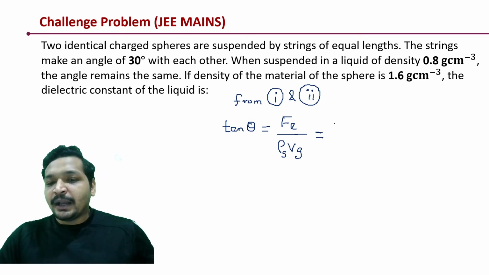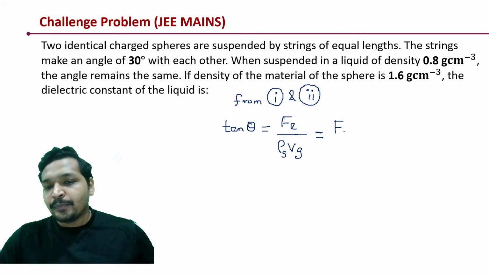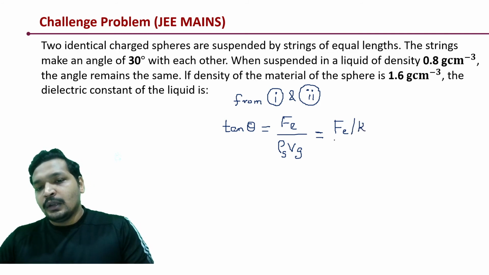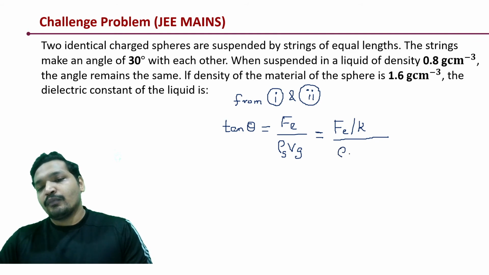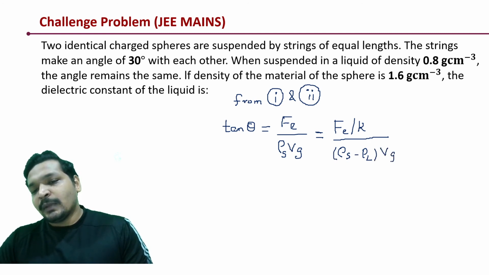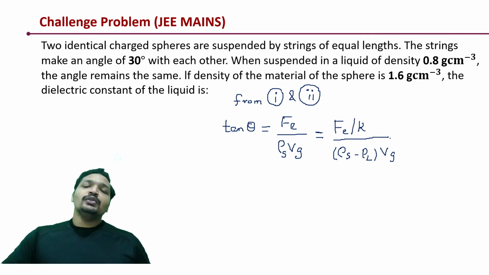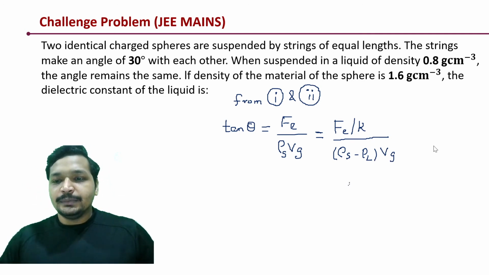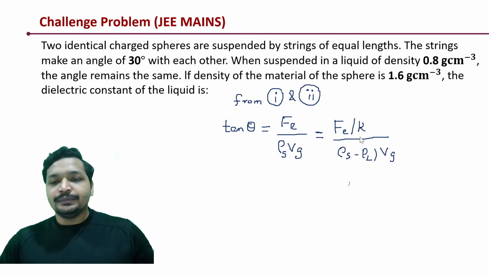Like Fe by K divided by (rho S minus rho L) into volume into G. Okay. Now we have this expression.